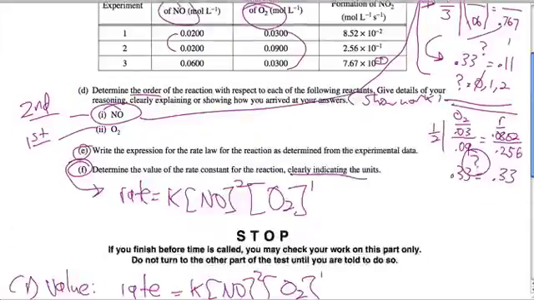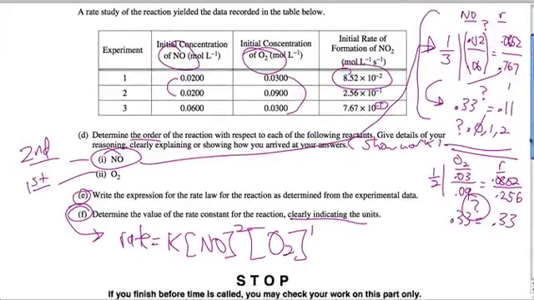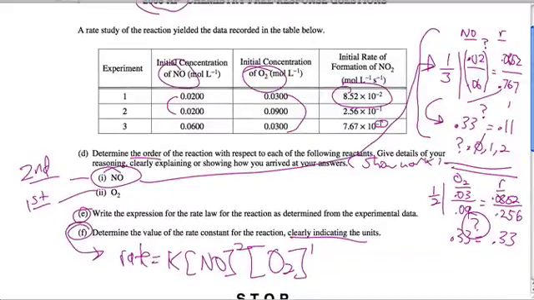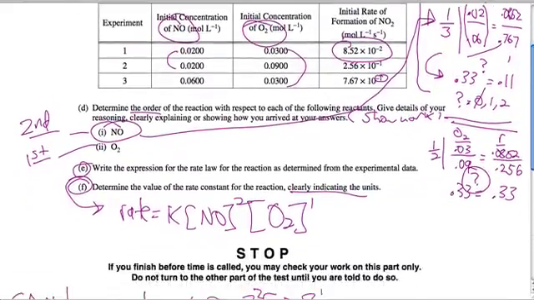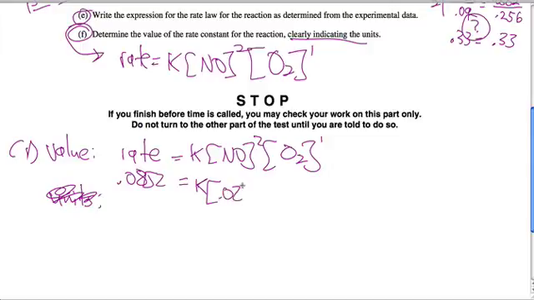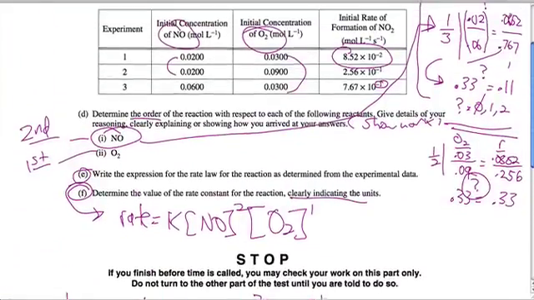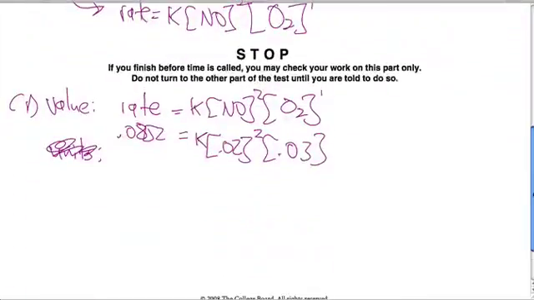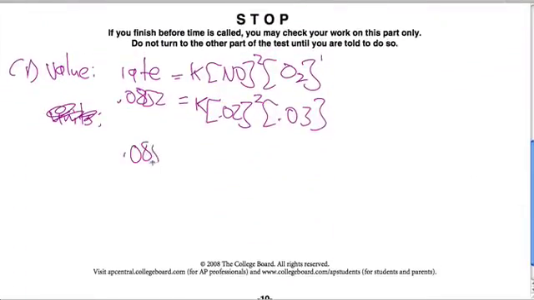Okay, so for experiment 1, the rate was 0.0852, which equals K, and NO is 0.02, and O2 is 0.03. So 0.02 squared, 0.03 to the first. Double check to see that's okay. Yep, so I'm using this experiment here. Okay, so I'm at 0.0852 divided by 0.02 squared times 0.03.